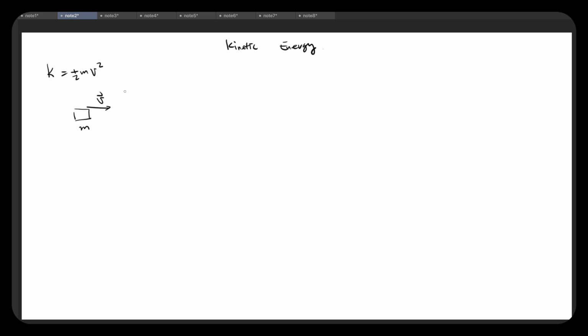You can also say it's 1/2 m times the v vector dot v vector. So it's like a dot product between the two velocity vectors. Okay, now the dot product gives us a scalar result. So kinetic energy is a scalar, and its SI unit is joules.